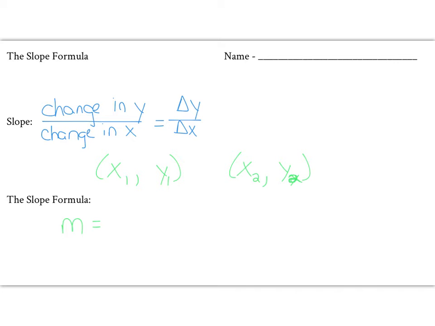So when I find the change in the y-coordinate, I'm going to take y sub 2 and subtract y sub 1. That's the change in y. I find change by subtracting. Over the change in the x-coordinates, which is x sub 2 minus x sub 1. So I found the change in the x-coordinates by subtracting. So the slope formula says that the slope is y sub 2 minus y sub 1 over x sub 2 minus x sub 1.